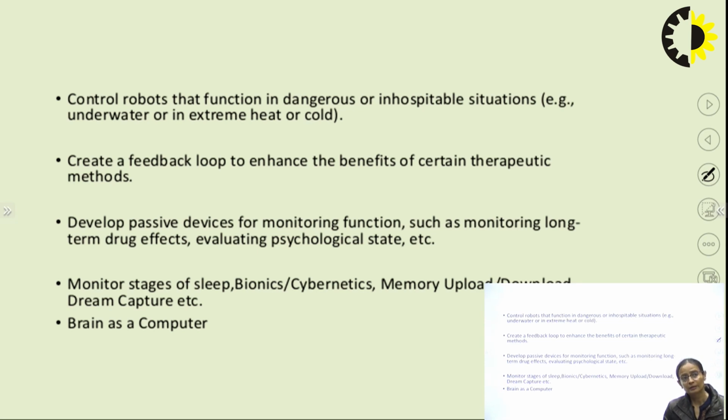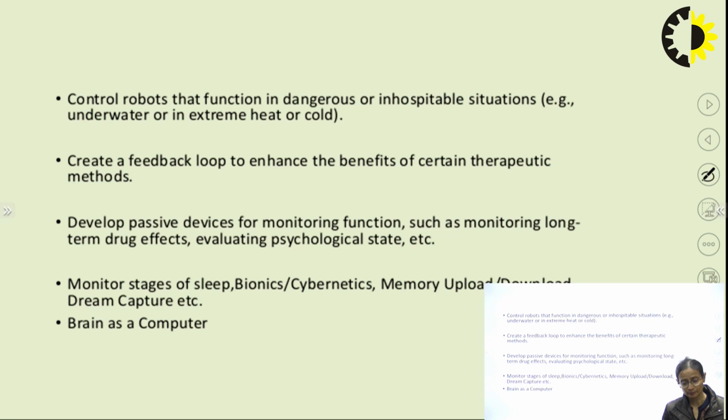That is, these are areas where humans cannot reach, but robots can go to these areas, and these robots can be controlled by human brain activity. It can create a feedback loop to enhance the benefits of certain therapeutic methods.